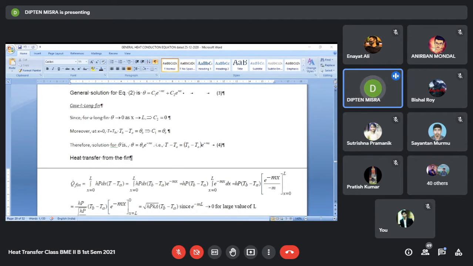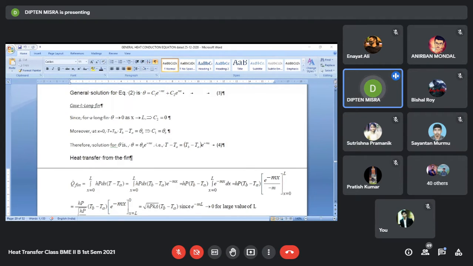They should be provided enough length up to a distance where the heat transfer will be enough, and beyond that, the length of the fin will be useless. So you should know how long to make a fin. But I am telling, this is for a particular value of m.